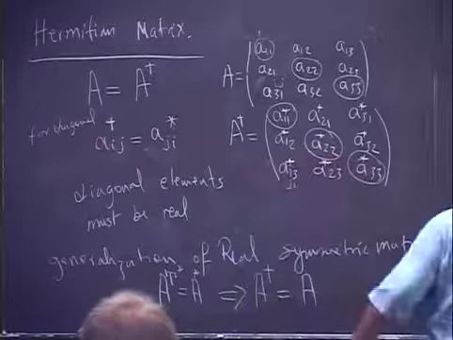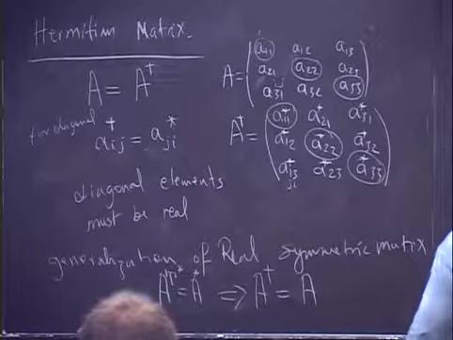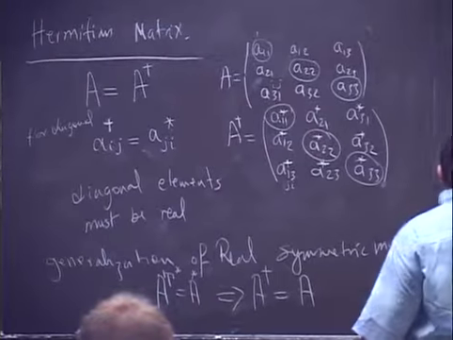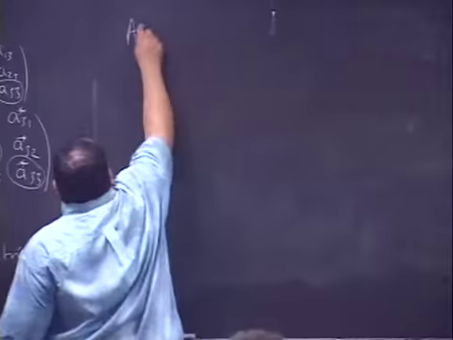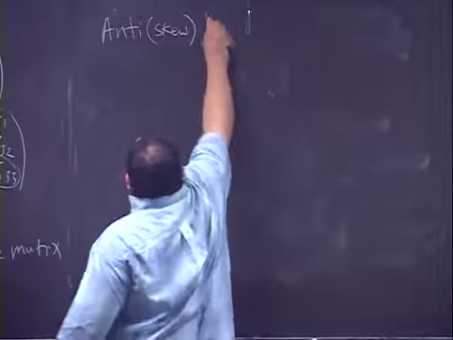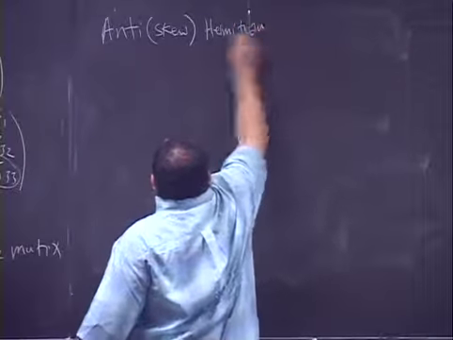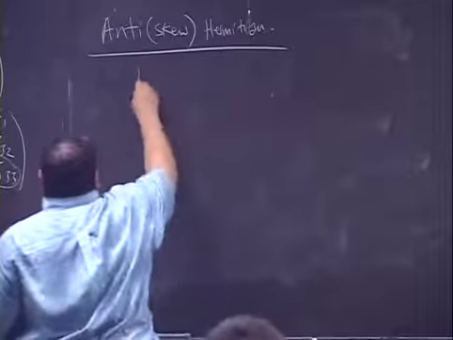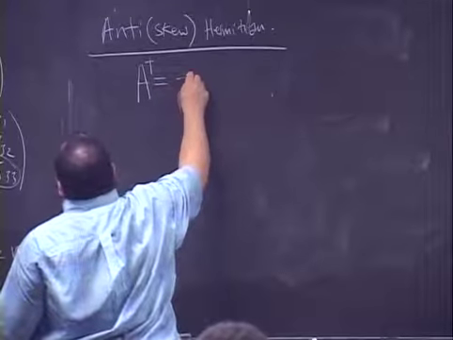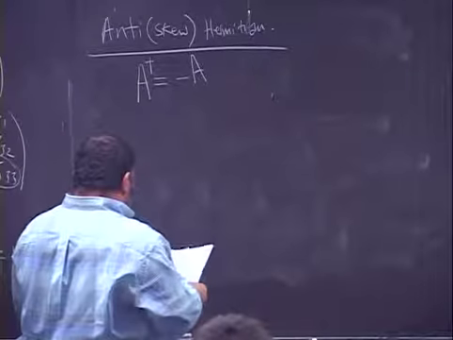The second type of matrices are called the anti-Hermitian. What do you expect the anti-Hermitian will be? Sometimes they call it skew Hermitian. Come on, guys. What do you expect? Equal to? Negative A. And again, what's the condition for this one?